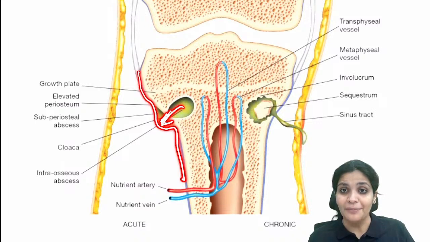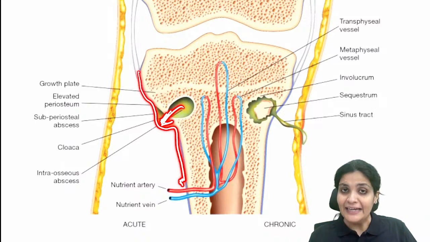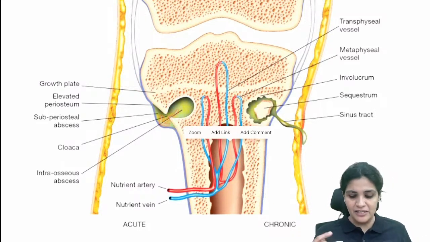The periosteum is a covering of the bone, and it is what supplies nutrition to the bone, right? So the periosteum is a layer of the bone, and whenever the periosteum gets irritated, it results in new bone formation. So this is one of the most important layers of the bone. So now what happens is this pus will elevate this periosteum.